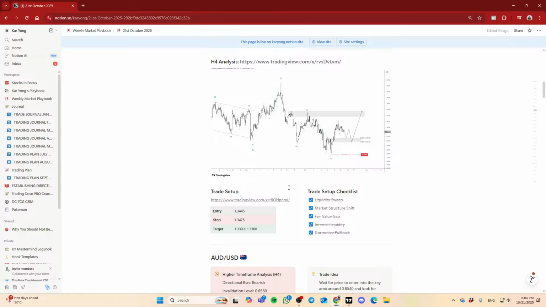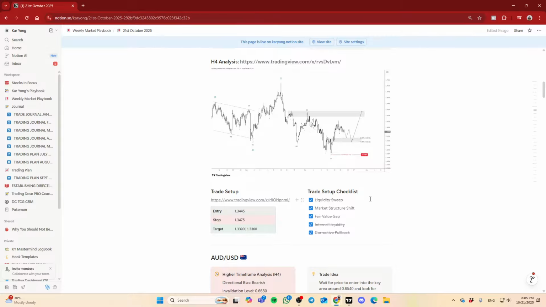Unfortunately, this setup is no longer valid because price continued to move lower before tagging our entry, so we classify this as a missed opportunity, and we'll need to relook at it tomorrow. If conditions are still there, we might have a new setup to sell going into tomorrow. Again, you click this and it'll bring you to the chart, where we have the entry, stops, and targets.